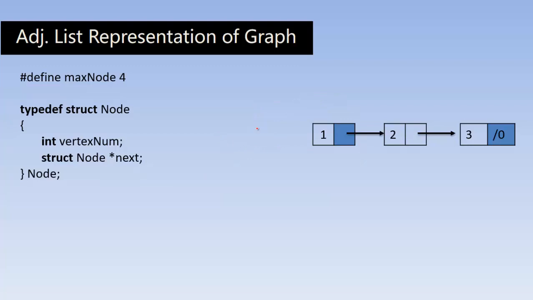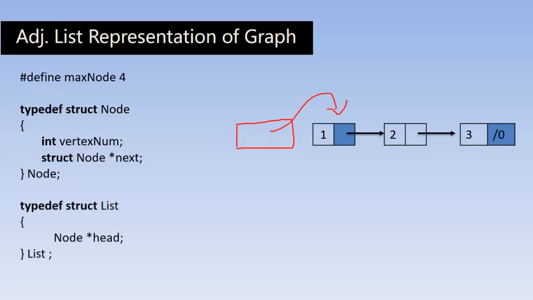Okay, now I have to create a head node, right? I have to create a node which stores the address of this first node. So that is why I'm using the list. So list is a list of head nodes, each of which is going to store the address of neighboring vertices, right?